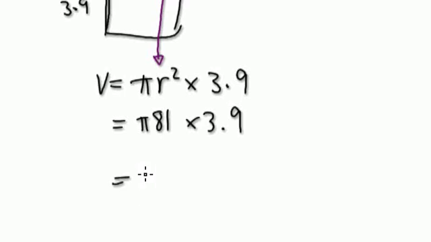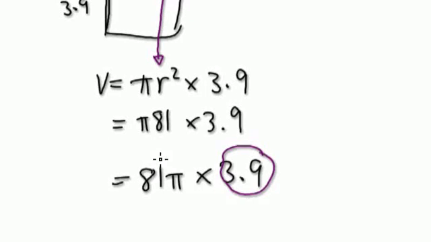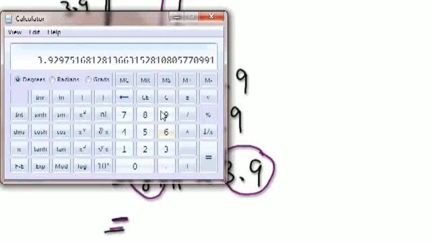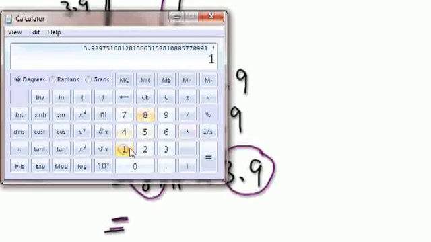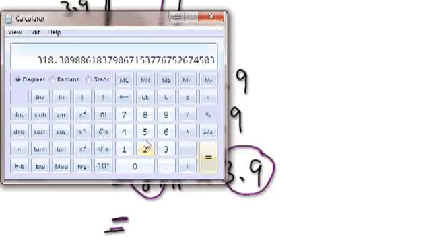We put the 81 in front first because it's a number. So 3.9, which was what we had earlier, times 81 equals this.